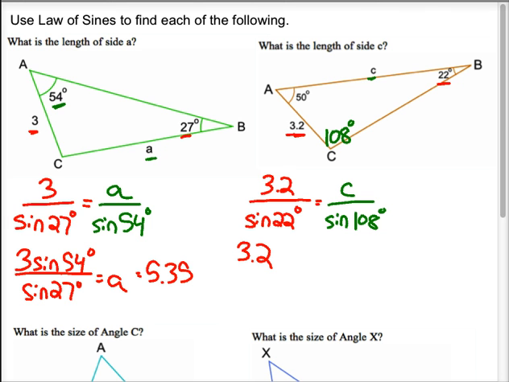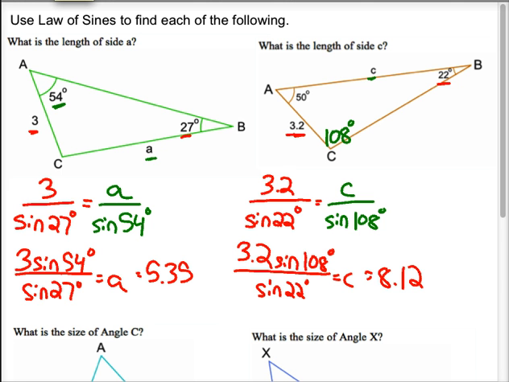So I have 3.2 sine of 108 degrees over sine of 22 degrees equals my C. And now again, just type that in just as you see it into the calculator, and it will give you the right answer. 3.2 sine 108 divided by sine of 22, and that is giving me about 8.12 for that side length C.